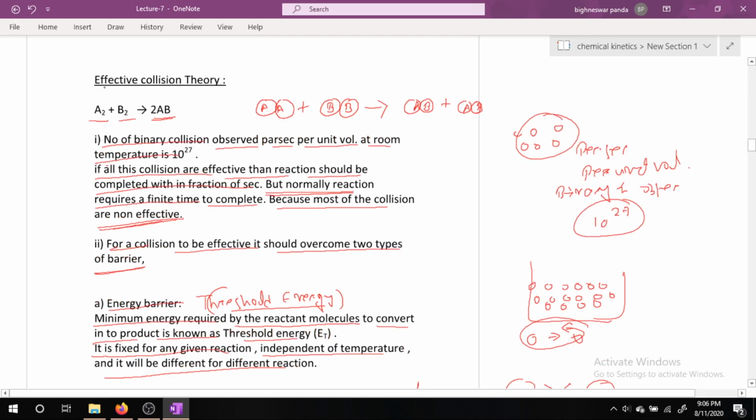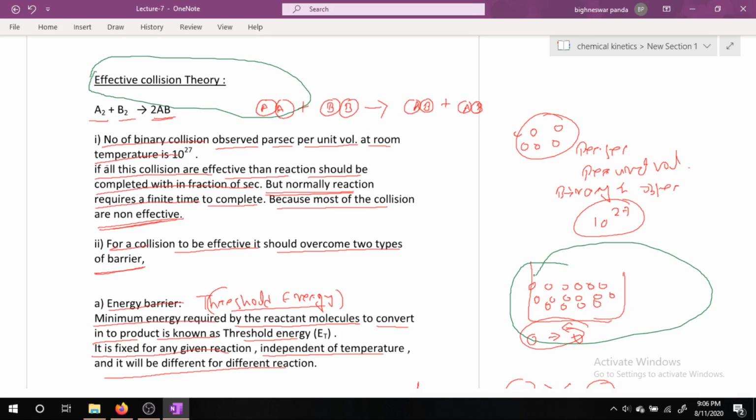Now effective collision theory, an important concept. What is effective collision theory? Consider there are several molecules in a beaker, and the molecules undergo collision with each other. This collision is called binary collision, and it is observed that the number of collisions per second per unit volume is 10 to the power 27.